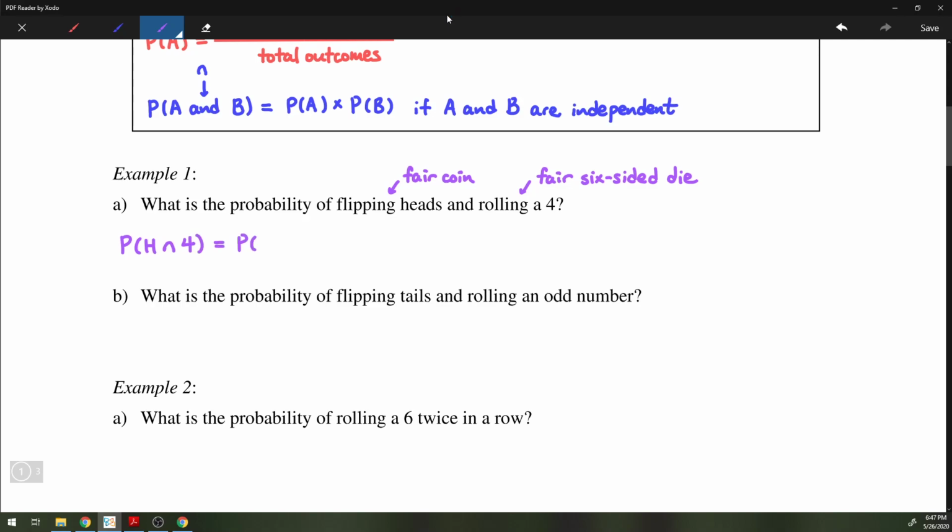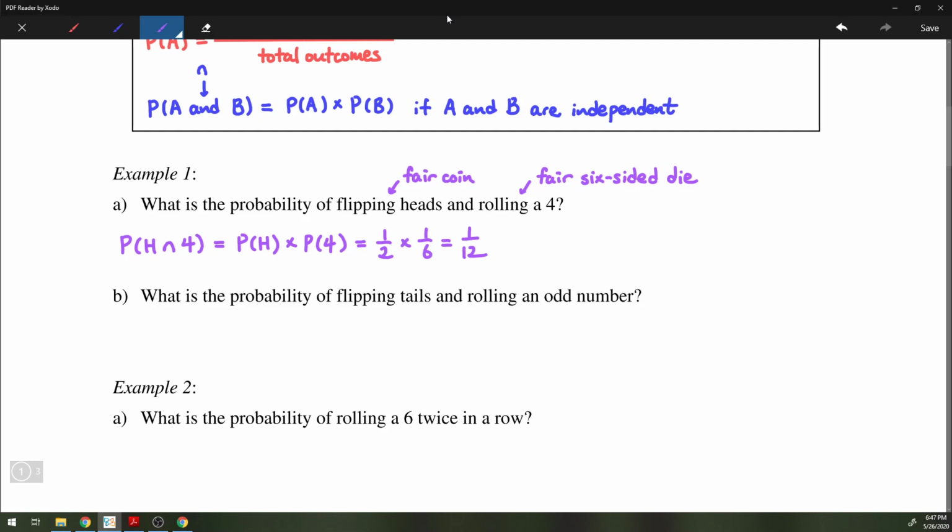Since flipping a coin and rolling a six-sided die are independent events, the probability that both of these will happen is simply their product. So 1/2 times 1/6, which is 1/12.